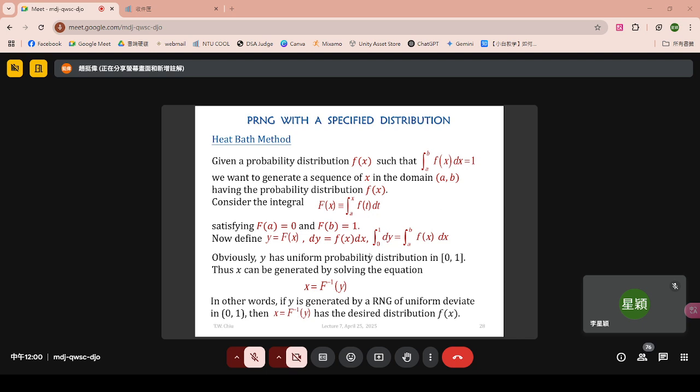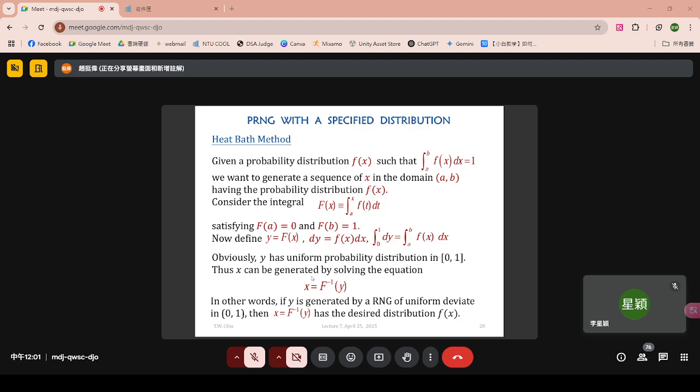So if I do the integration over y from 0 to 1, it amounts to doing the integration over x from a to b, because y is F(a) and F(b) is 1. So x is from a to b. You can see that in x the distribution is f(x), and in y it is uniform. So y has uniform distribution from 0 to 1.